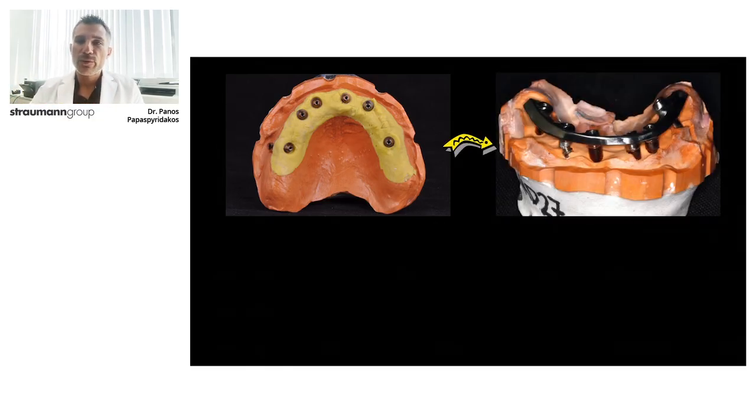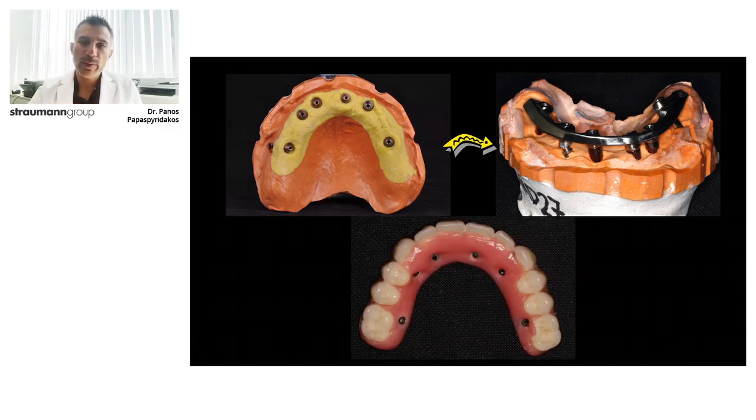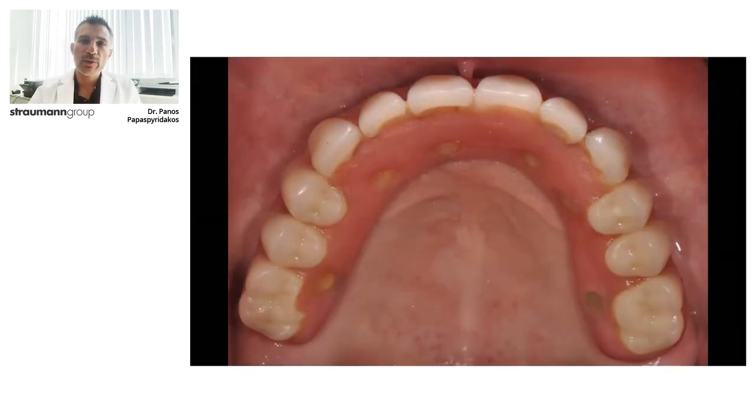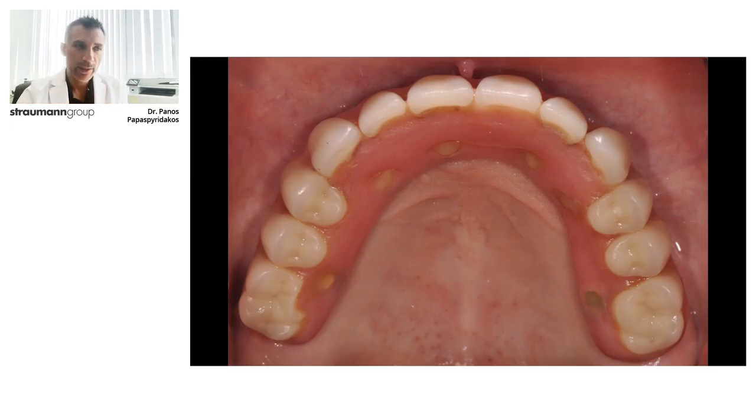of fabrication of a definitive titanium bar wrapped around with pink and white acrylic in order to fabricate a metal acrylic resin restoration. These restorations were fitted in the patients. All of them presented with accurate fit, both clinically and radiographically. And once confirmation was done, they were delivered.